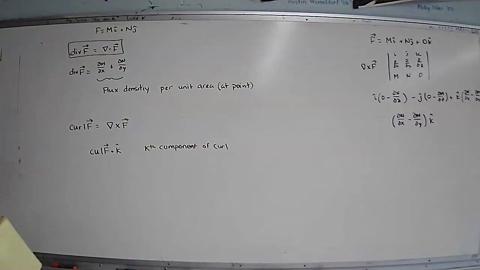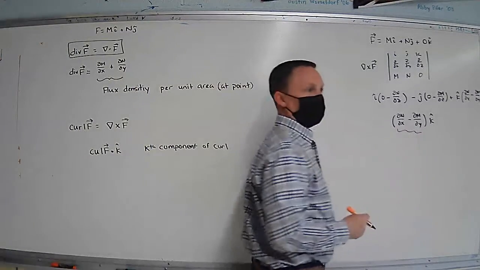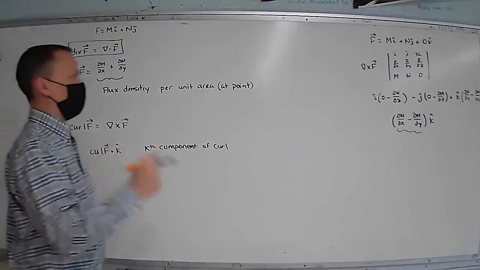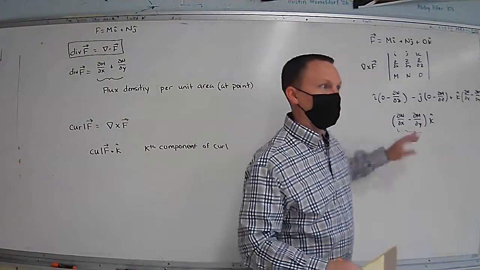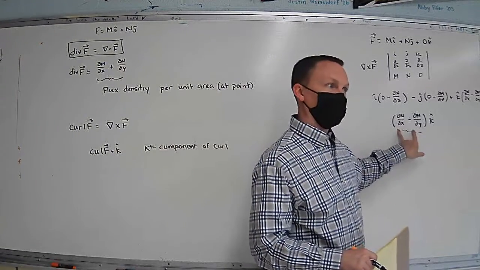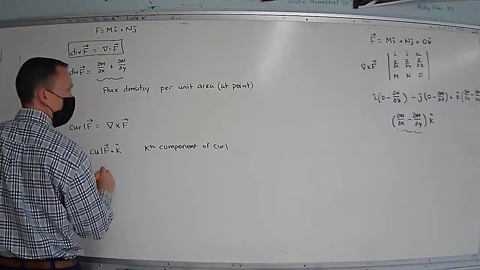Now, if I dot that with the vector k, I'm just going to get that quantity right there, because if I dot the vector 0, 0, this quantity with the vector 0, 0, 1, I'm just going to get that quantity.